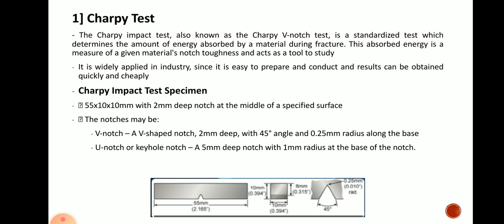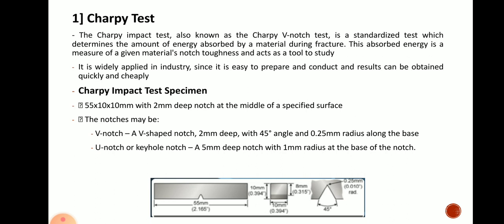So with the help of this Charpy test we are going to find out the toughness of the sample material, as well as what amount of impact energy is needed to break that specimen. This method is widely applicable in industry since it is very easy to conduct and find out the result. That's why we are using this method in various industries.